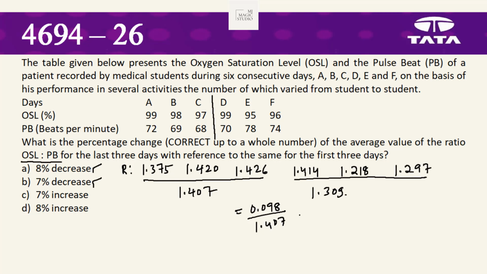Into 100, it comes to 6.96 or 7%. It is a 7% decrease. Option B is the pick. How quickly you calculate this is all up to you. You need to work it out.